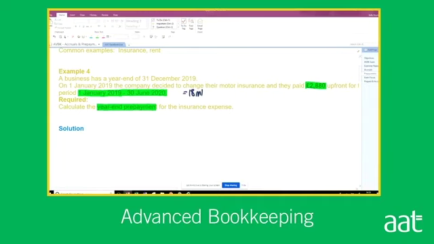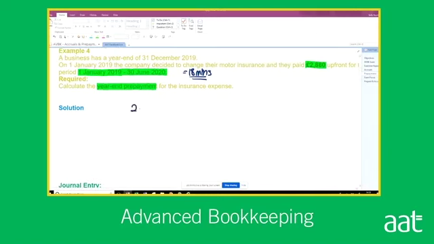So the question is, how much relates to the current financial year? How much relates to the next financial year? So what we've got here is 2019 and 2020. So fingers on your calculators, what I'm looking for is how much of that 2,880 relates to next year. So how much of it relates to 2020.